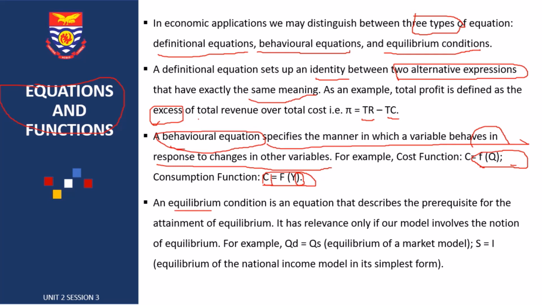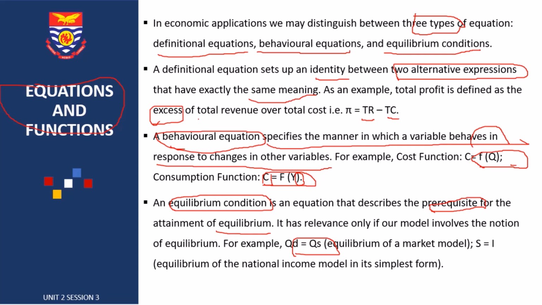How about the equilibrium condition? An equilibrium condition is an equation that describes the prerequisite for the attainment of equilibrium. So what is the requirement to attain equilibrium? In economics, when we say there is an equilibrium, we say that the quantity demanded is equal to the quantity supplied. So it has relevance only if our model involves the notion of equilibrium.